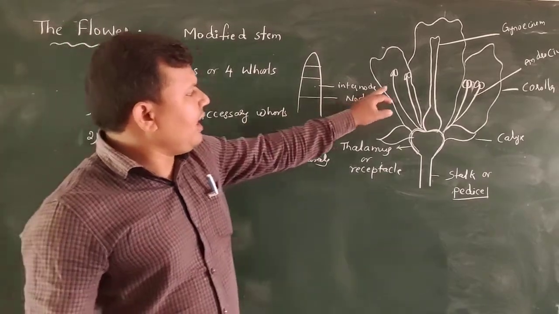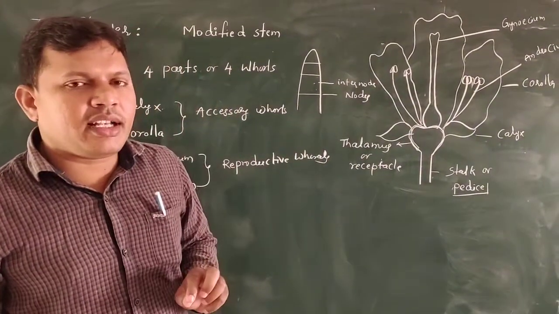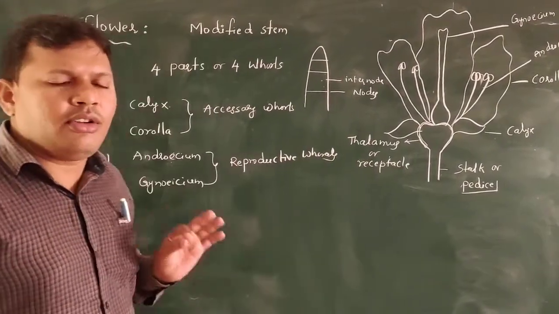And the androecium and gynoecium are called the reproductive whorls or reproductive parts.